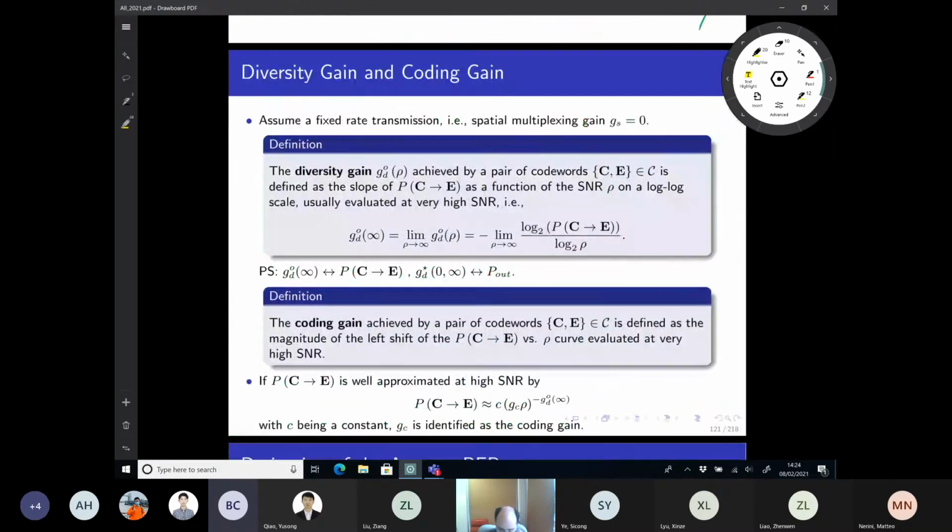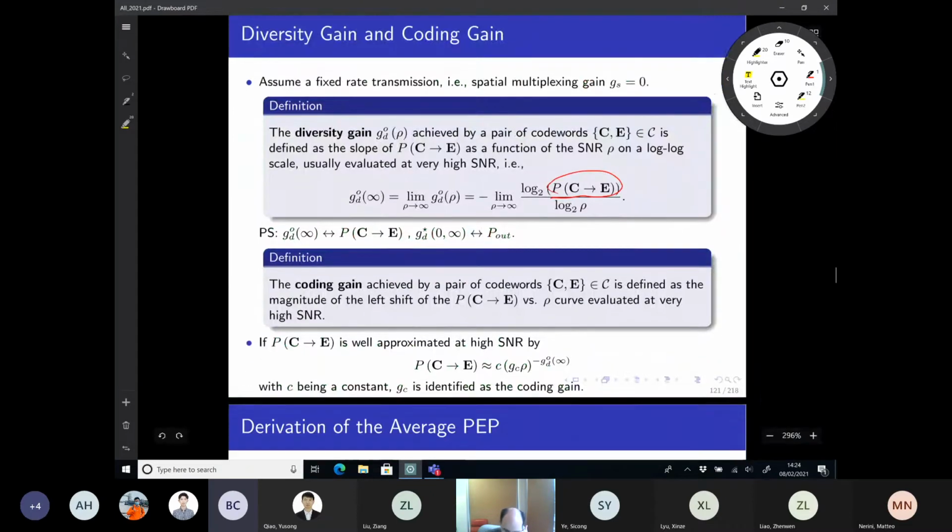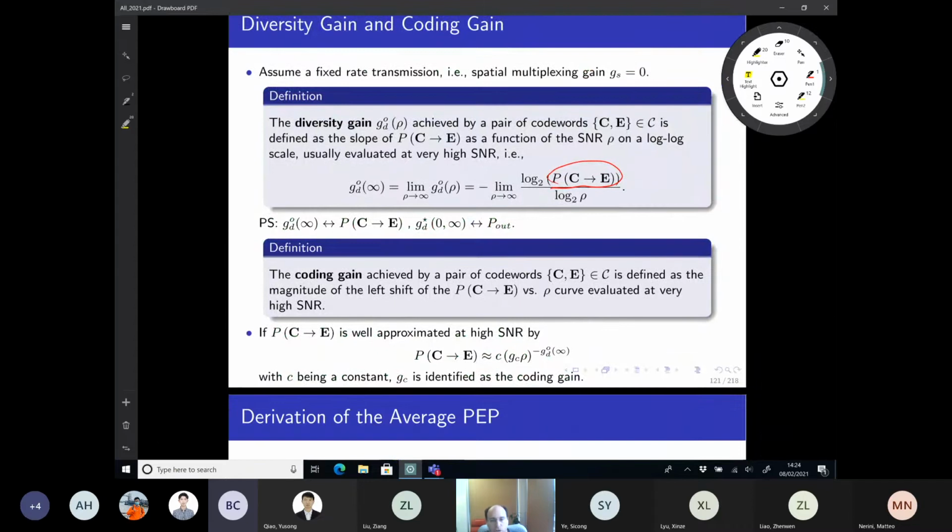So once you have this pairwise error probability, you can calculate a diversity gain and a coding gain. What we'll see is that this pairwise error probability for a given code word C and E will be written as something like this, where we have an argument here, GC, that will multiply the long-term SNR rho and will actually be information about the coding gain.